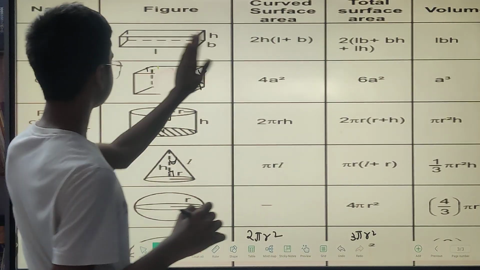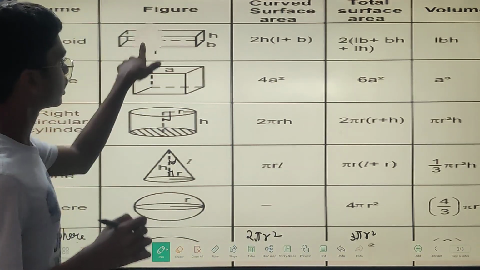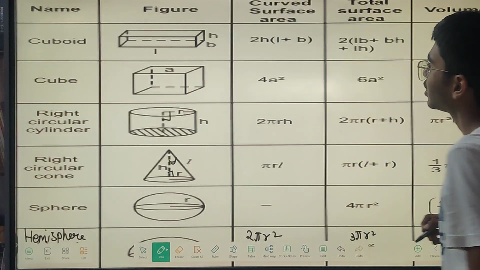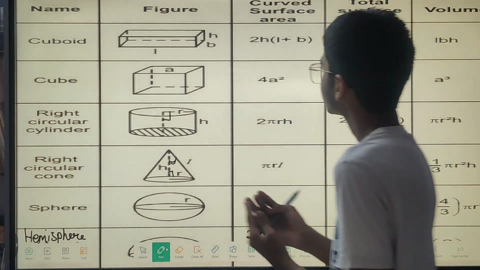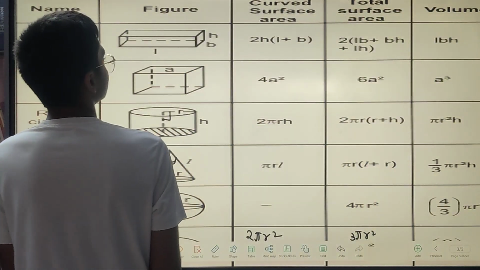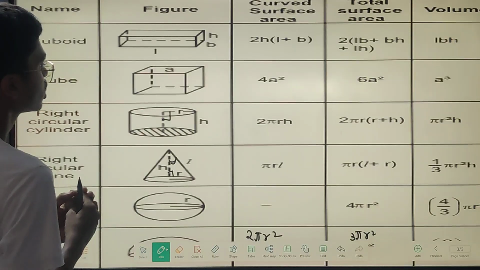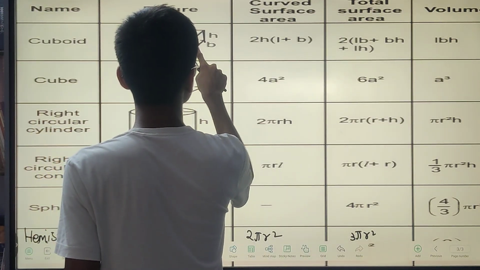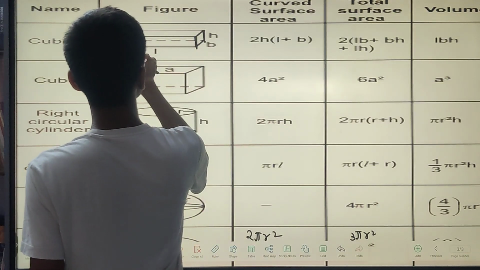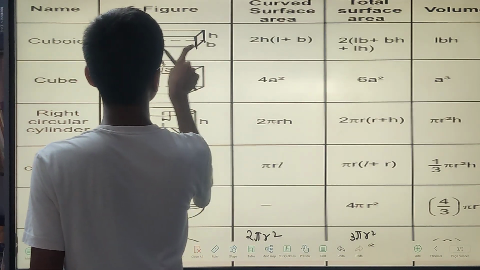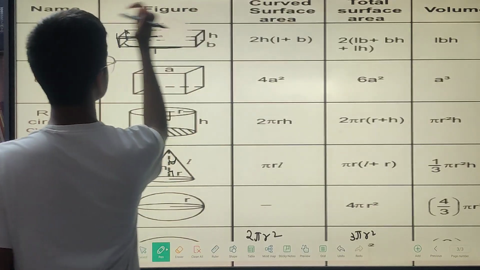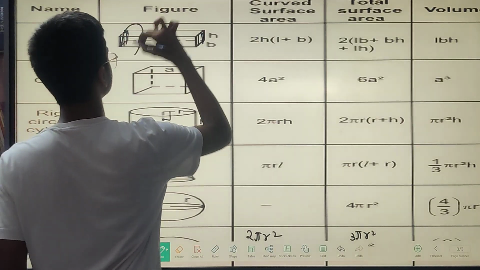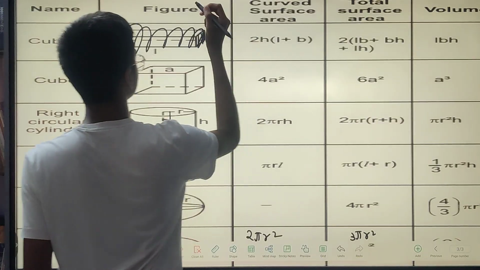And over here also every corner is perpendicular. So for a cuboid, curved surface area, well, there is no curve, but in the sense, it is just going to be, this is H.